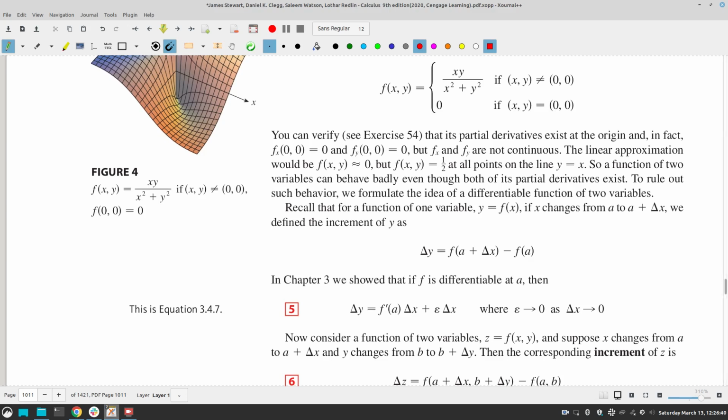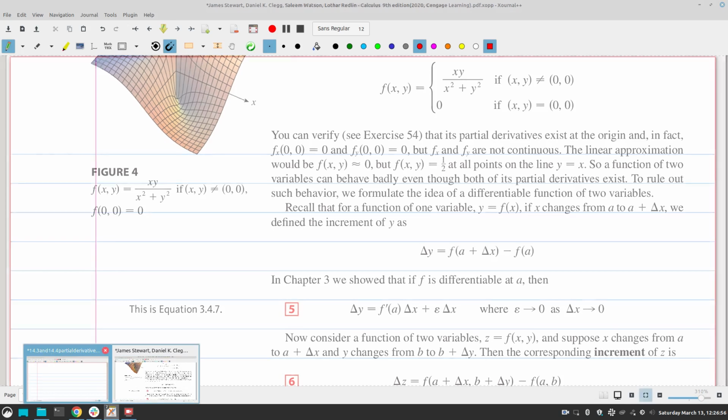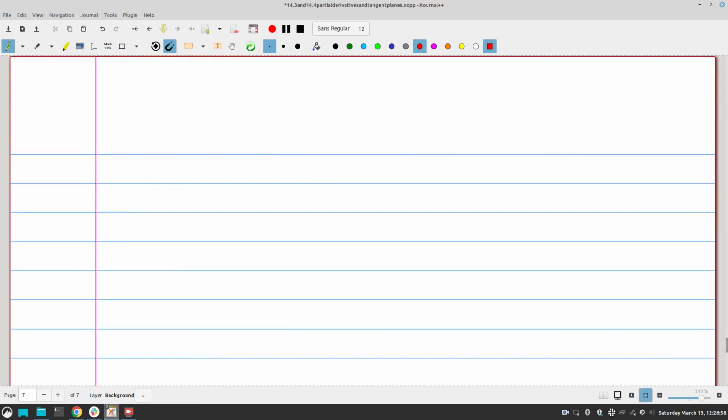This is a theorem, right? When x changes from a to a plus delta x, actually I should write this down. Let's talk about differentiability.